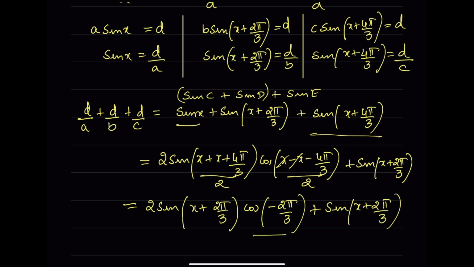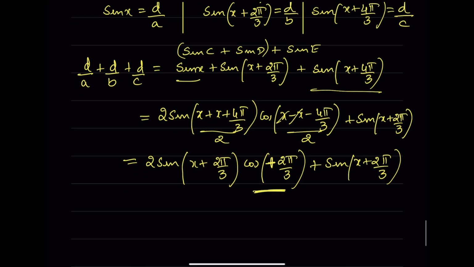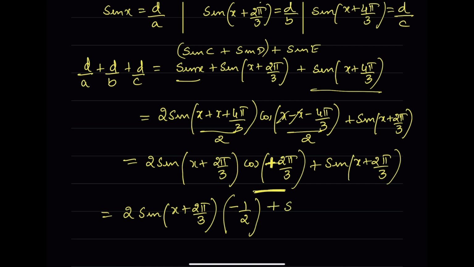Now cos of minus x here is cos x, so we can just change it to plus 2 pi by 3. It does not matter. Okay, now this will be 2 times sin of x plus 2 pi by 3 multiplied by cos of 2 pi by 3. So cos 120 is minus 1 by 2, plus sin of x plus 2 pi by 3.